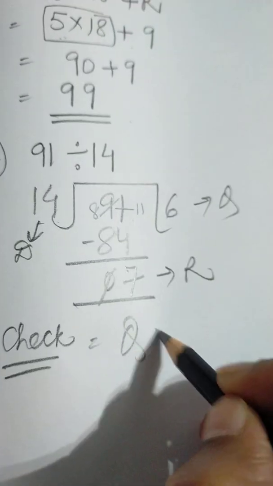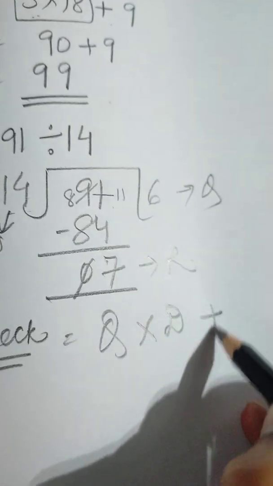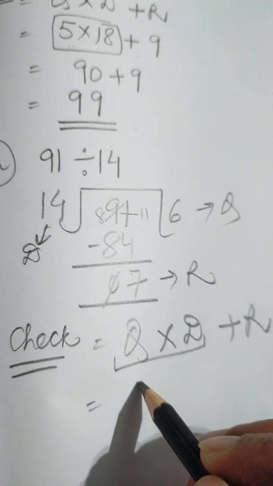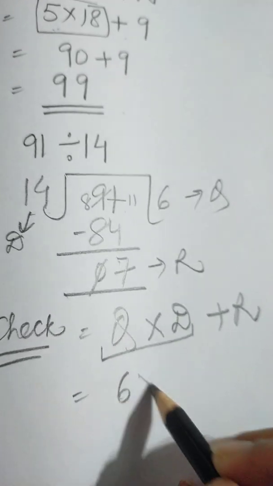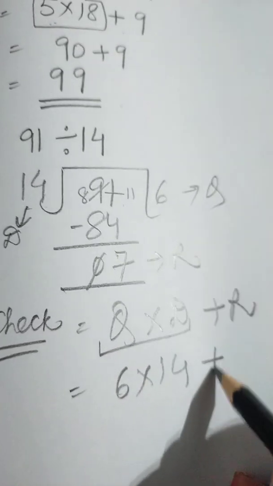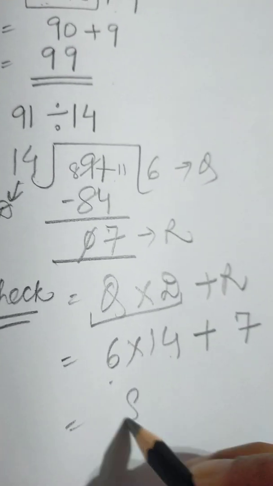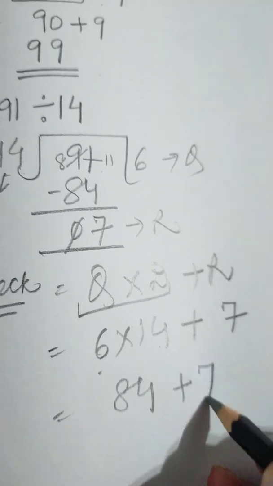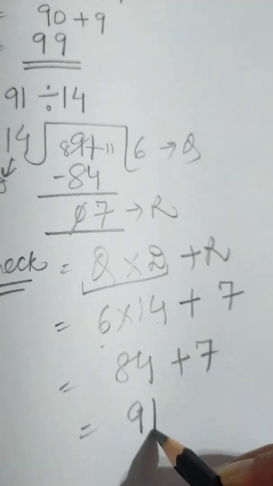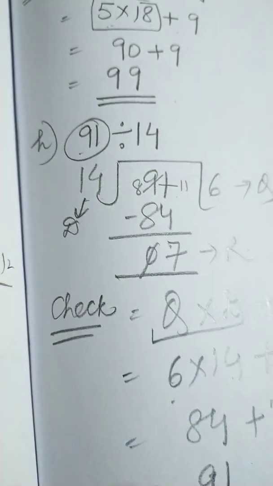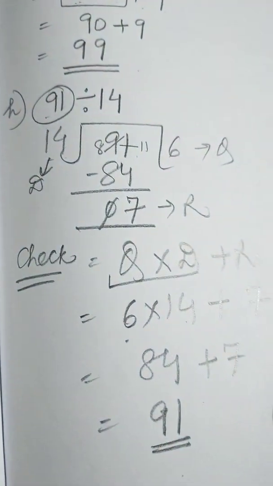Quotient multiply divisor plus remainder. 6 multiplied by 14 plus remainder 7. 14 sixes the 84 plus 7, and here we got 91. In the question it was given 91. Both are matching, so our question is right.